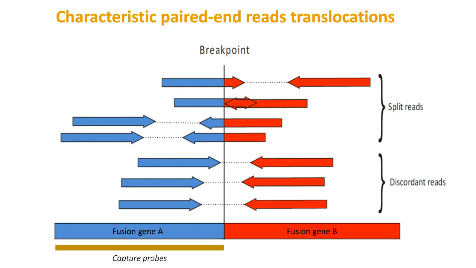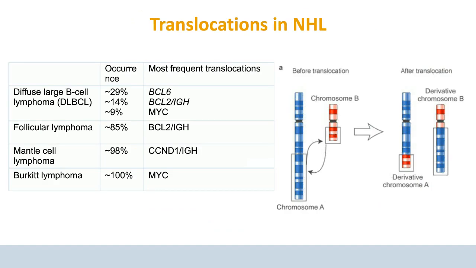For the probes that we've used in this case, we've made capture probes in the region of the genes that Daphne already mentioned: the BCL6, the immunoglobulin partners, the cyclin D1, and of course the MYC translocation. Particularly this MYC translocation has a very, very big region where you can have breakpoints.